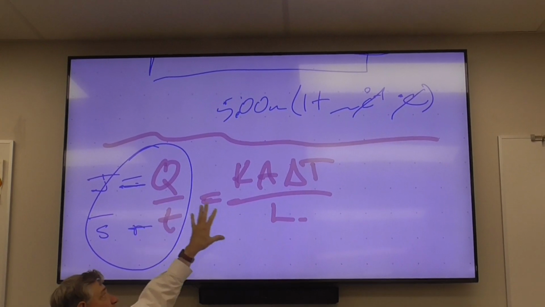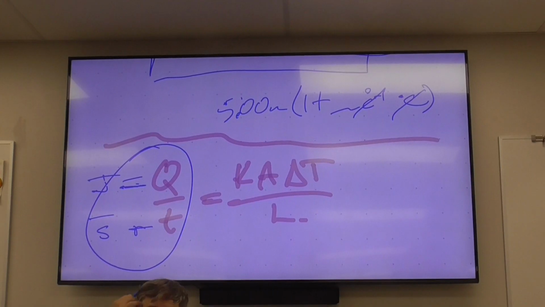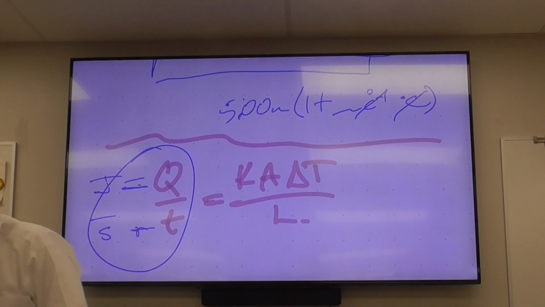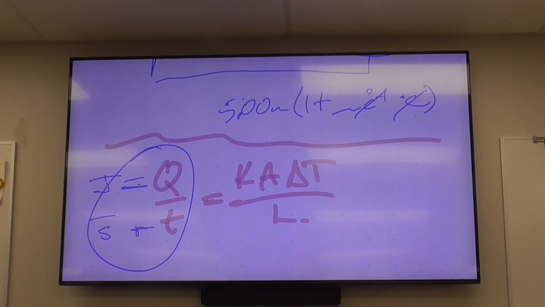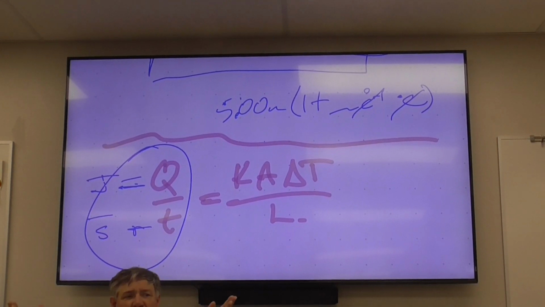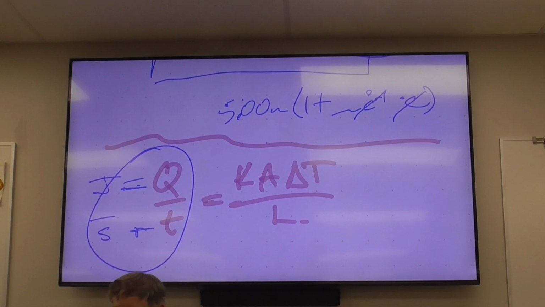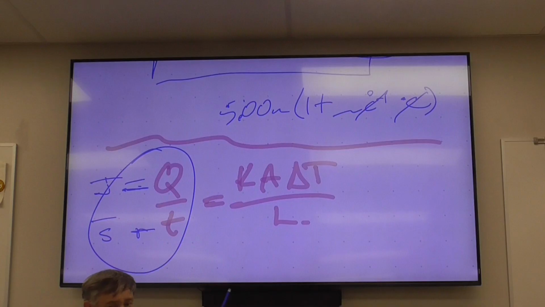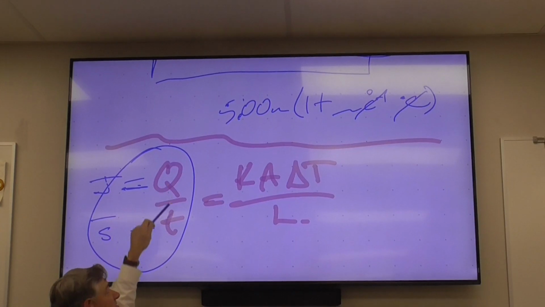Look at, for example, a Stanley Cup, ironically. Why do people have these cups, which have become all the rage? It's the insulation effect. What this does is minimize this value.